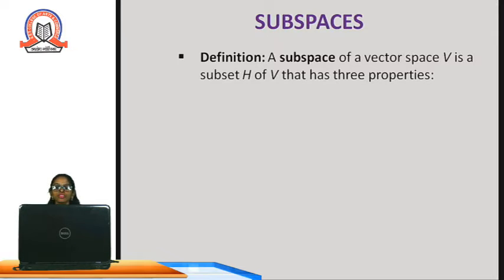A subspace of a vector space V is a subset H of V that has three properties.